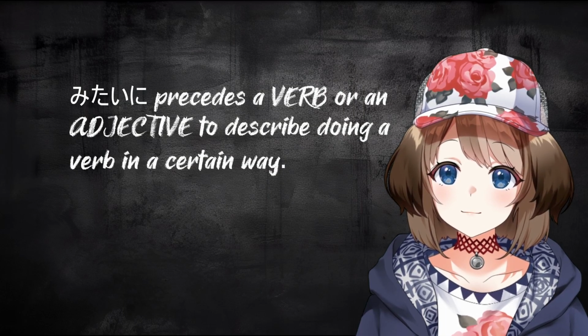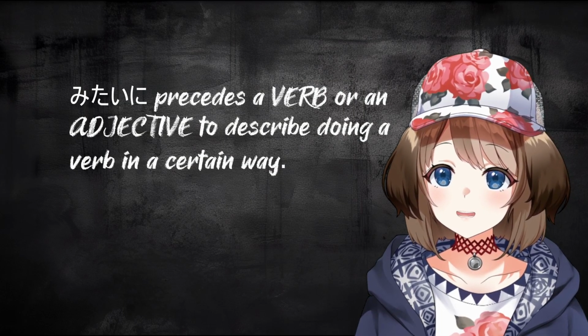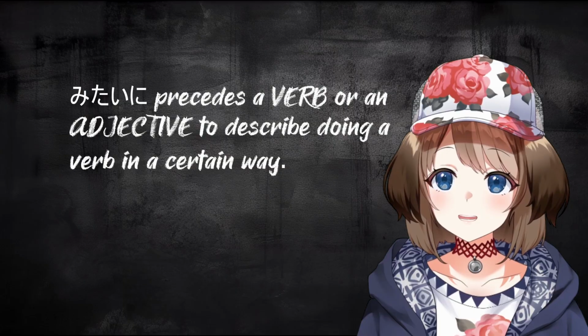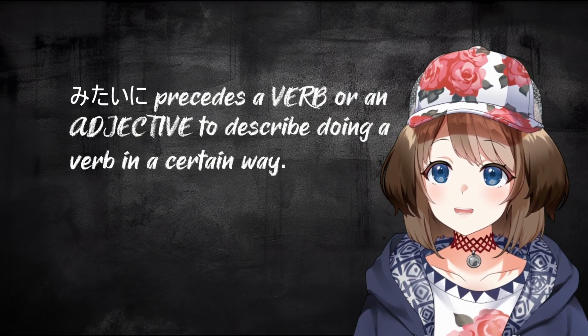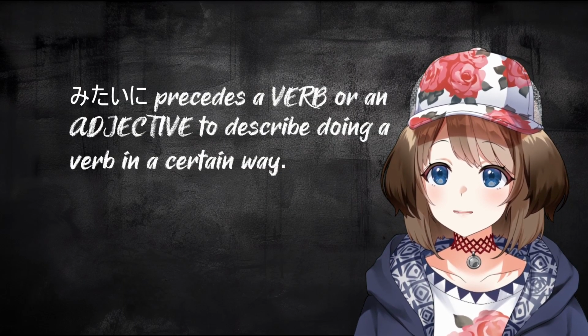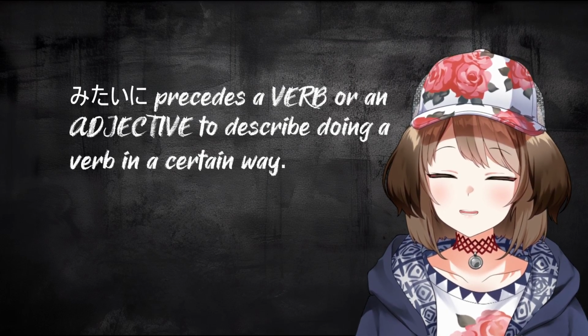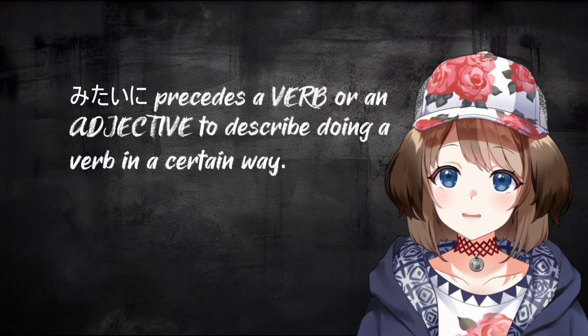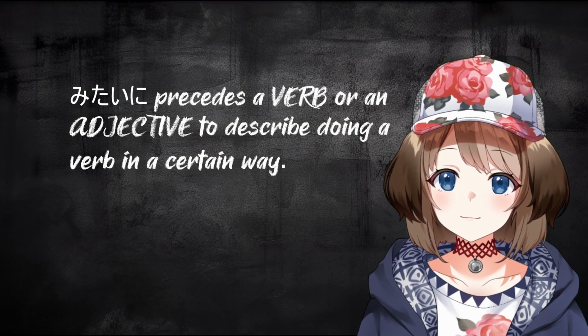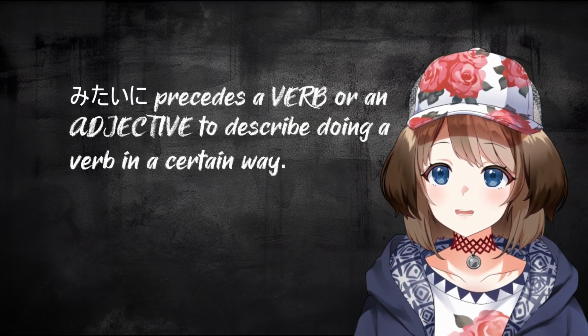But the mitai ni form is one of the handier cases that allows us to do just that. So when mitai ni precedes a verb or an adjective, it kind of describes that thing that you're doing in a very specific way, right? It describes the verb.